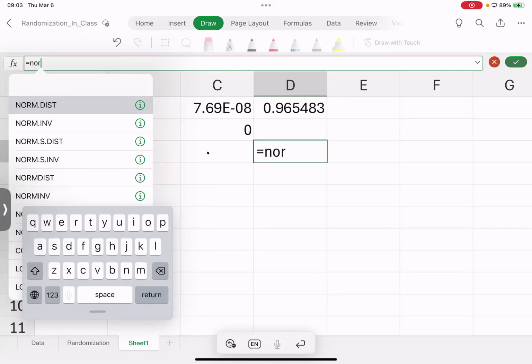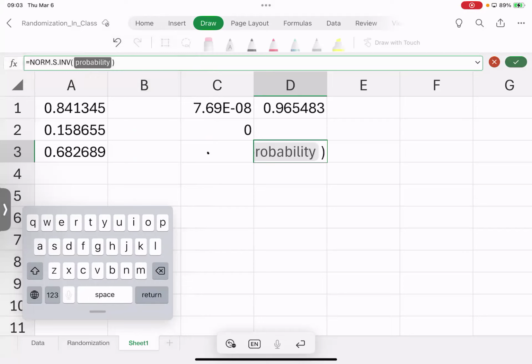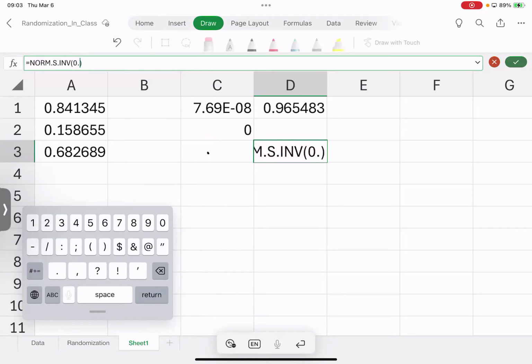But for confidence intervals, we always want the Z. So norm.s.inv just needs the probability, which I'm going to force to be 0.025.